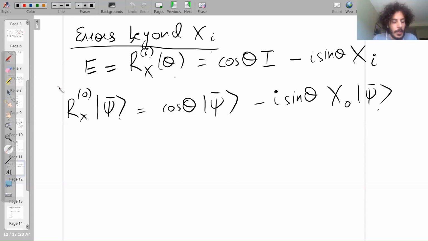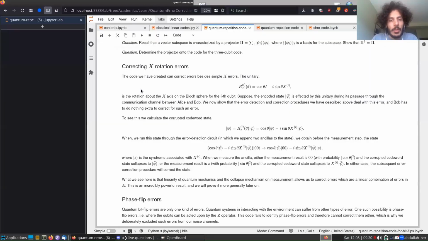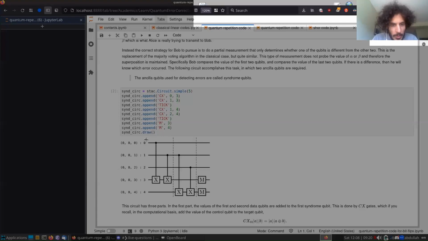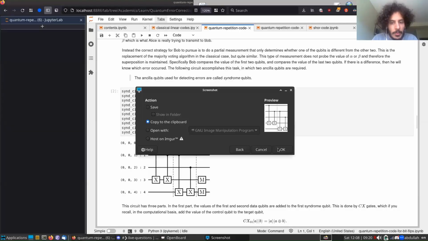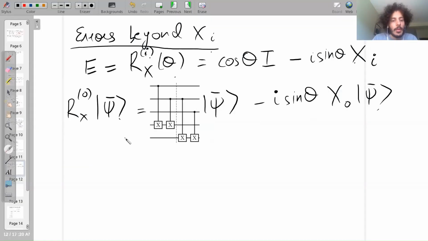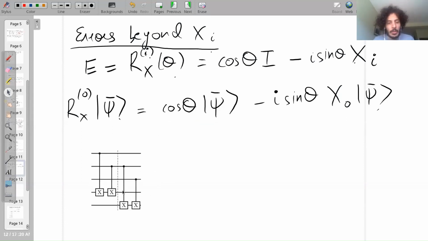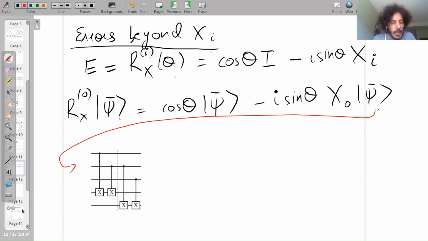So when I only look at this part of my circuit over here, I've not included the measurements here. When this goes over here, what is the outcome?